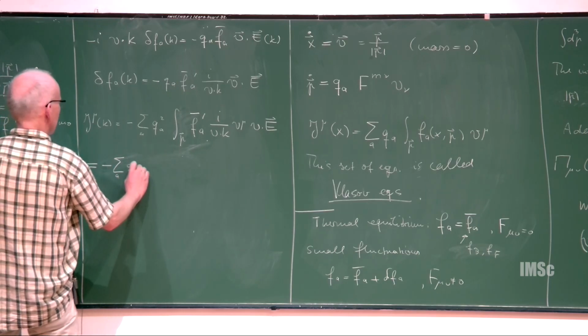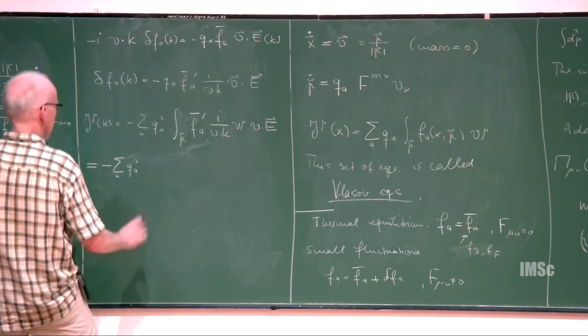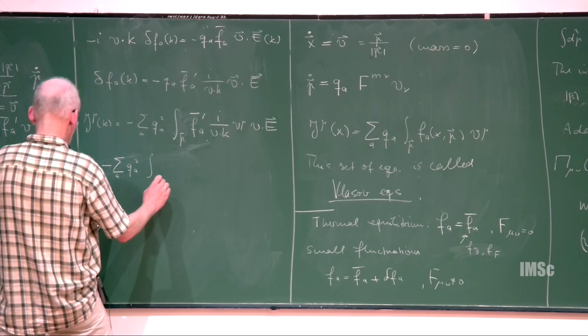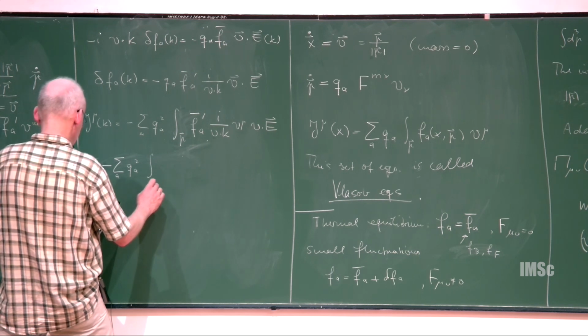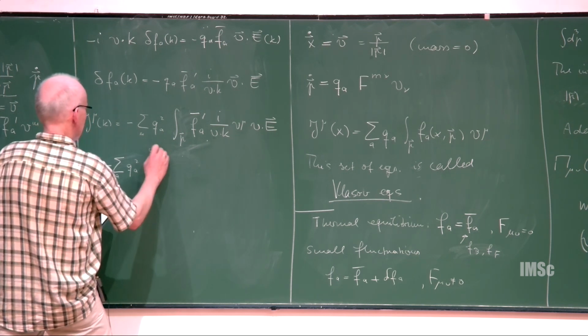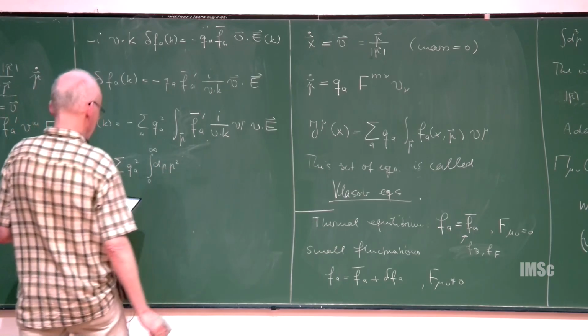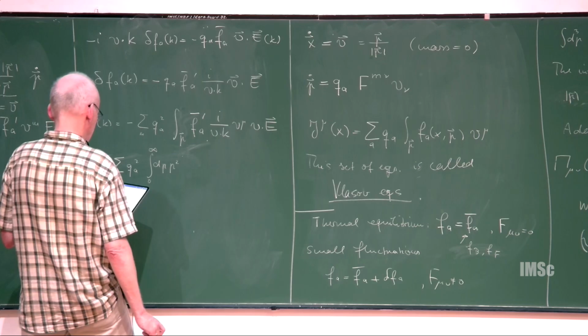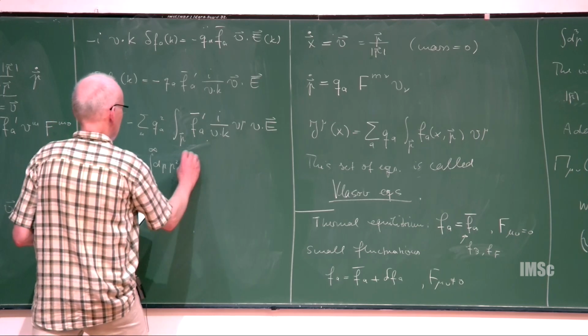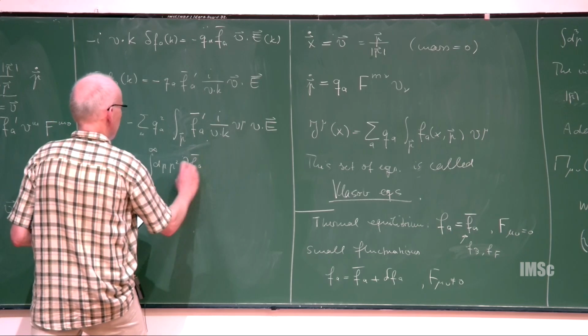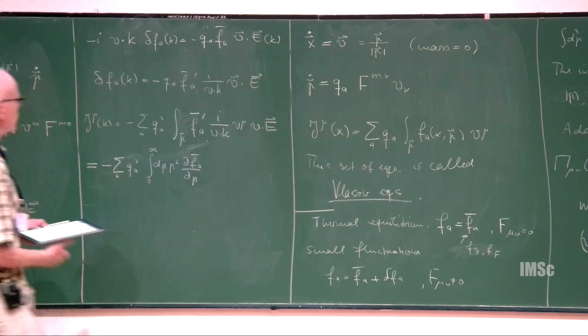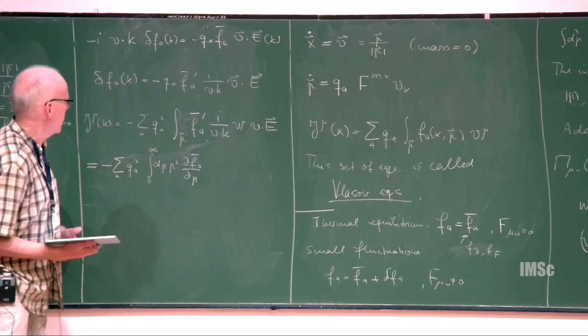I have the sum over q_a squared, and then I integrate over the modulus of p. So I have the integral from 0 to infinity dp p squared times the derivative of f_a bar with respect to p, the f prime.